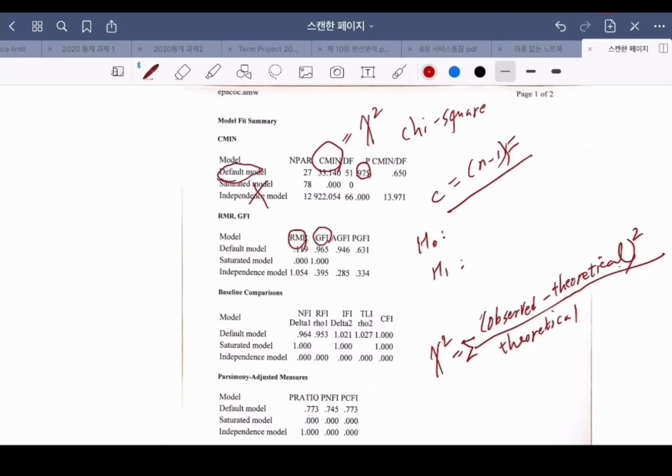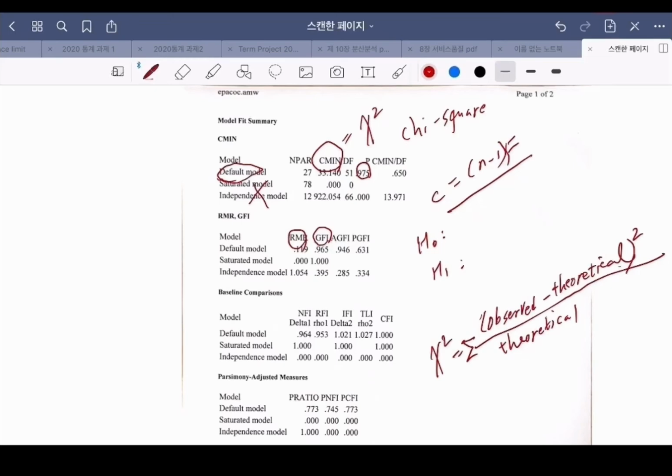Chi-square is computed by using this formula. So it's a sum of fractions. In the denominator you have the theoretical part. In the numerator you have the square of observed minus theoretical, right?